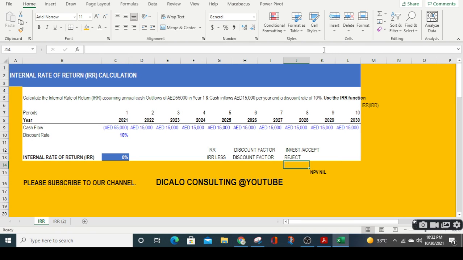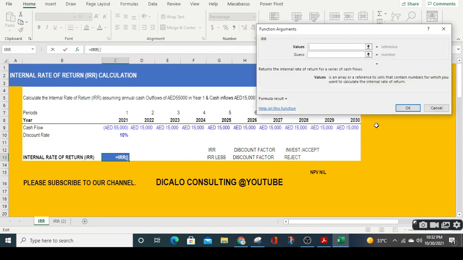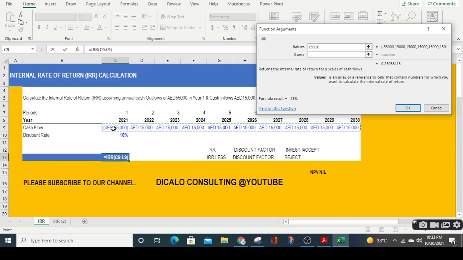Now let's compute our internal rate of return using the internal rate of return function that has been embedded within Excel. You start with the equal to sign, and then you click on the FX function, and then you select IRR, the internal rate of return. You click OK. Very easy. Then the first value in the function arguments is what? Values. You select all the values, both cash inflows and outflows, and then there is the guess.